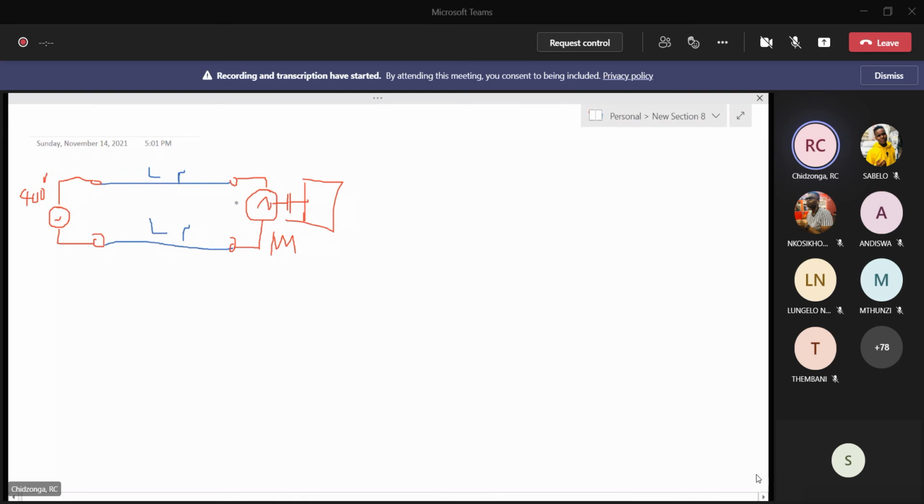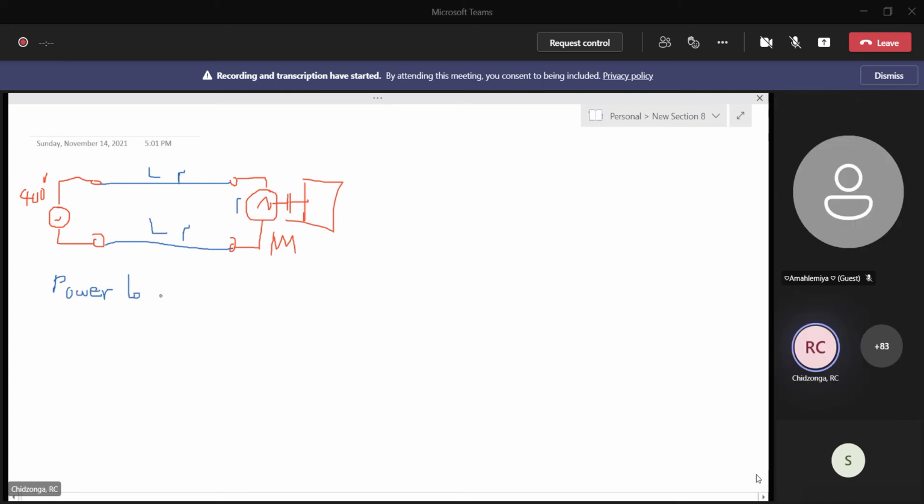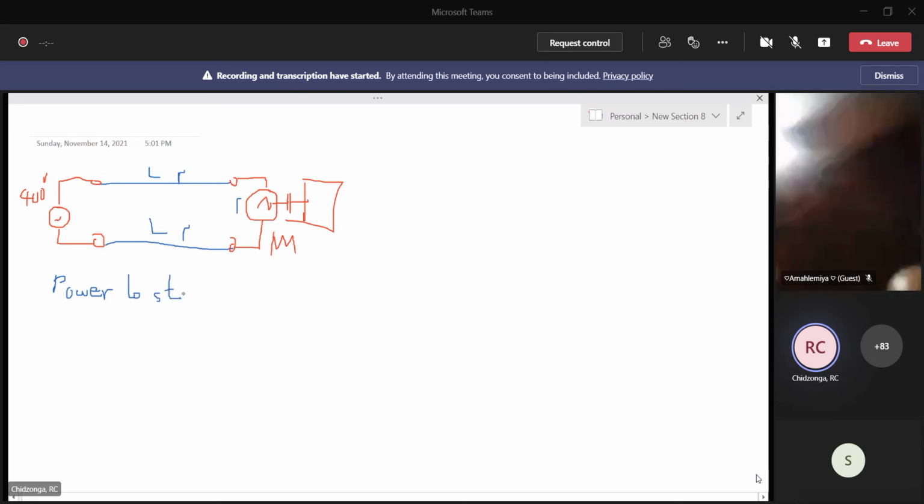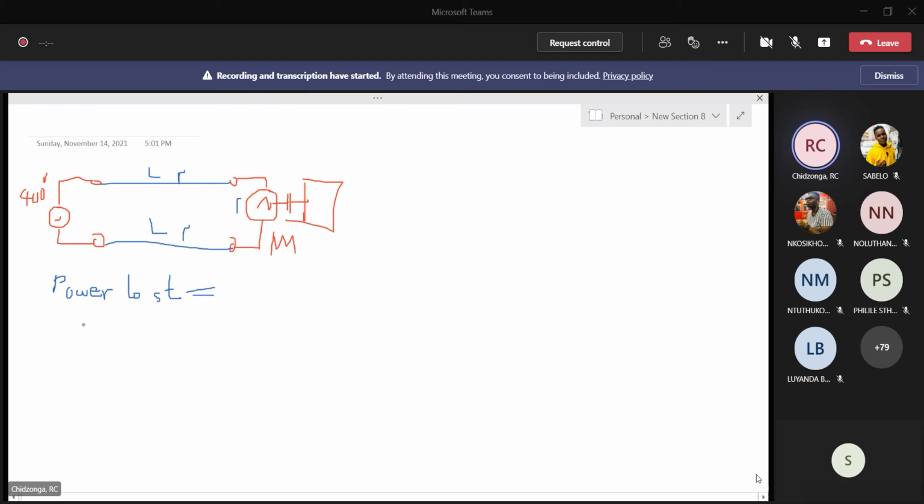The motor also is going to have some resistance. Now, power that is lost. When I say estimate the power lost, I'm not talking about apparent power. I'm talking about real power. That's the power lost.